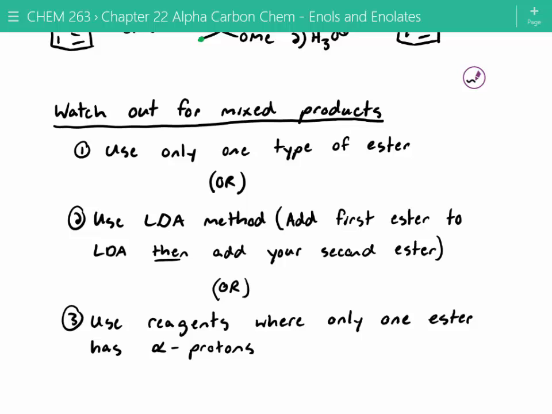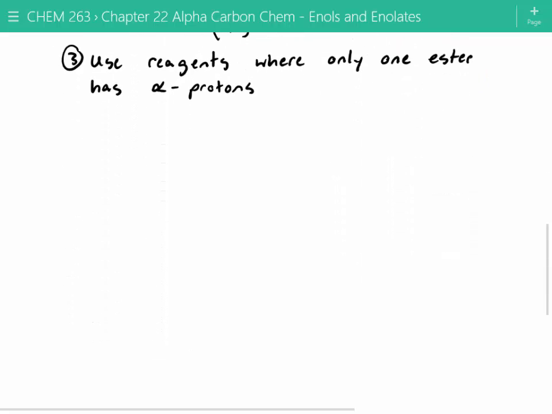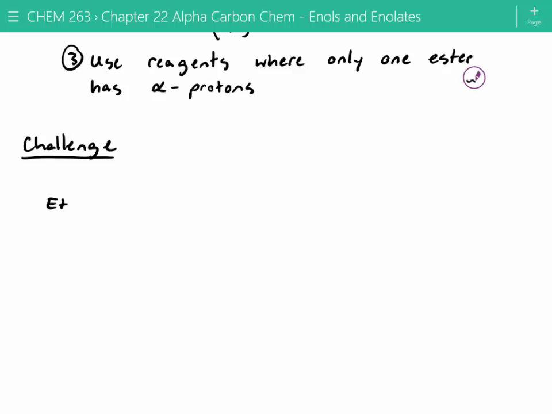All right, now I've got a more challenging problem for you guys. I want you to determine what you think the main product would be for this Claisen condensation.